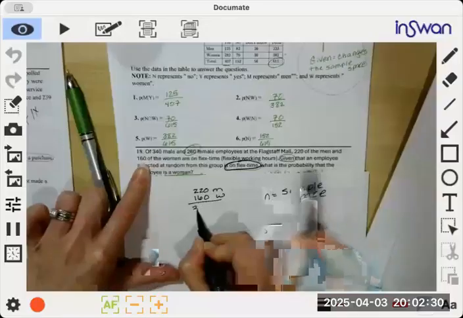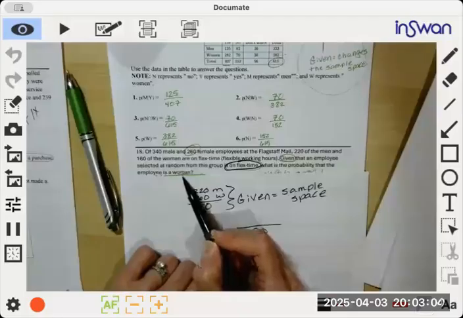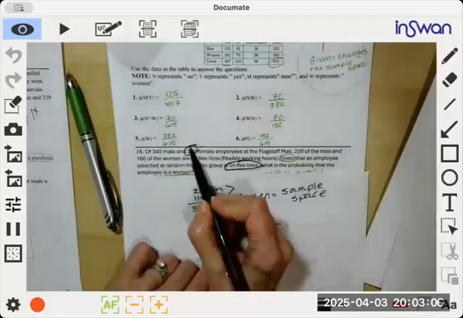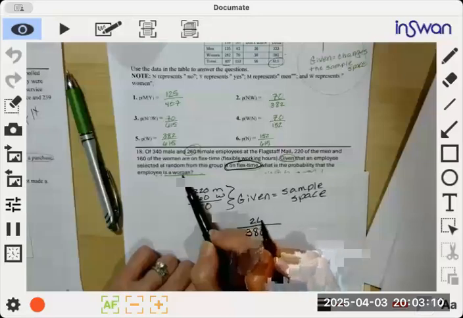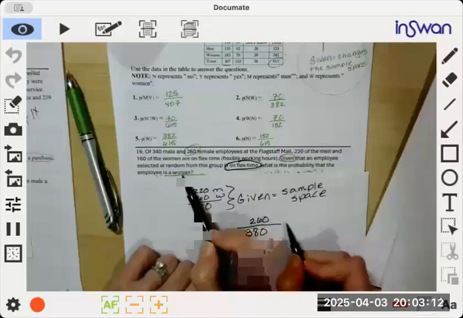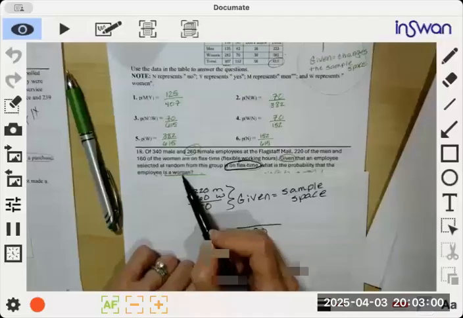Okay, so now what's the probability that the employee is a woman? We have 260 women. So 260 over 380. Make more sense? Is it not one? It's 160, right?